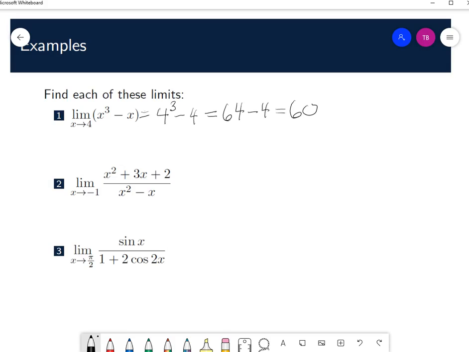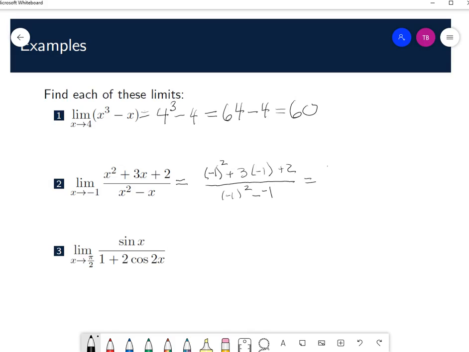Okay, number 2, that's a rational function. A rational function is a polynomial function divided by another polynomial. And so the direct substitution property says if I can plug -1 in, find the limit as x goes to -1. If I can put -1 into this function, then that will be the limit. So let's see, let's plug in -1 and see what we get. -1 squared plus 3 times -1 plus 2 over -1 squared minus -1.